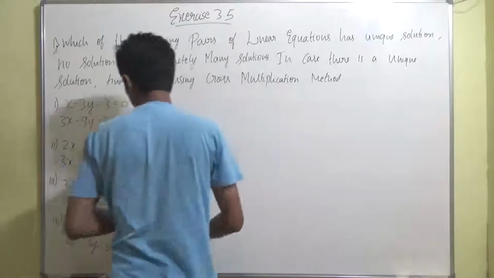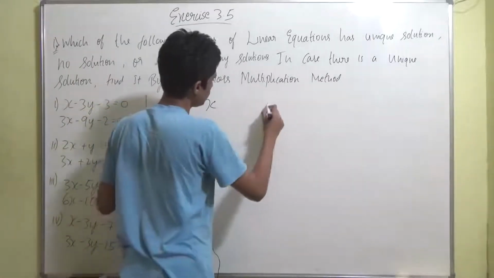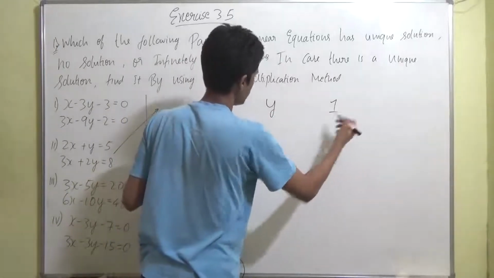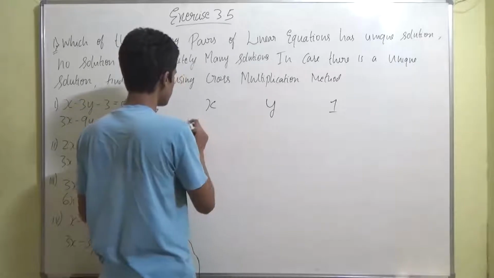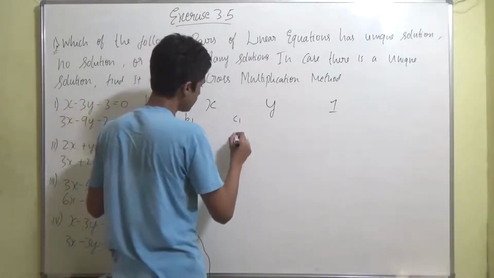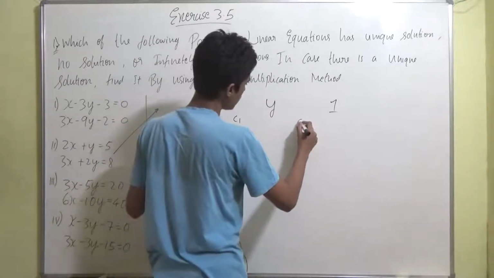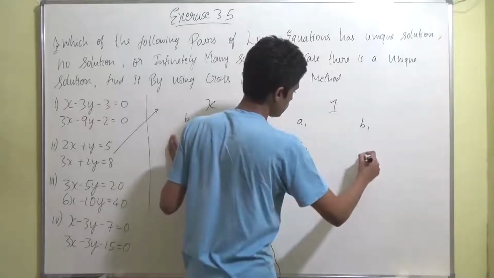In the cross multiplication method, do you remember what I had said to you in the last lecture? We have to write x here, y here, and 1 here. In these two columns you have to write the values of b1, b2, here c1, c2, and here a1, a2, here again b1, b2.